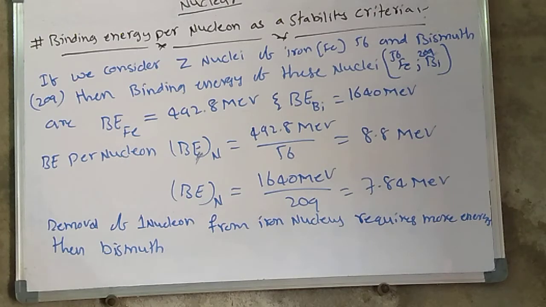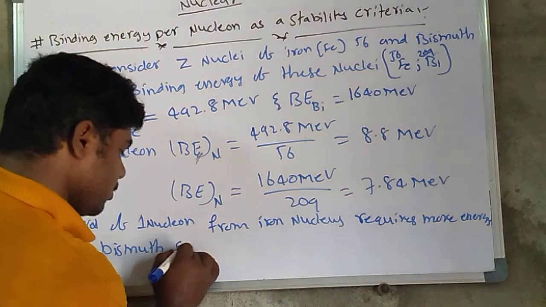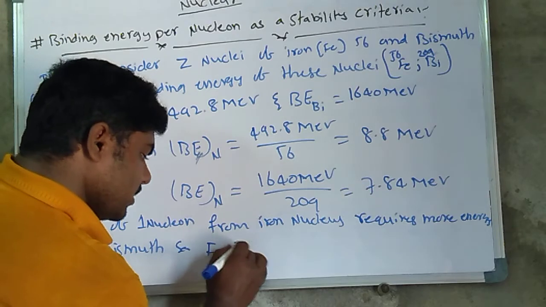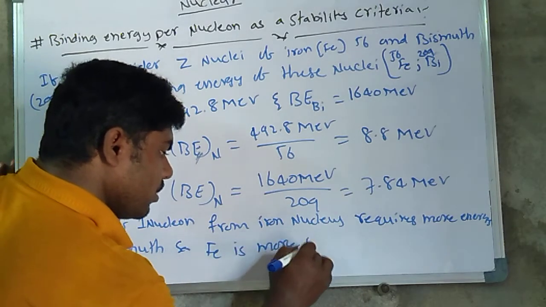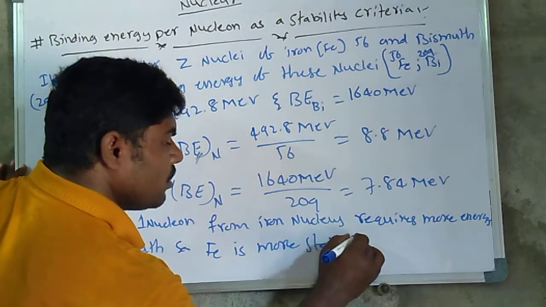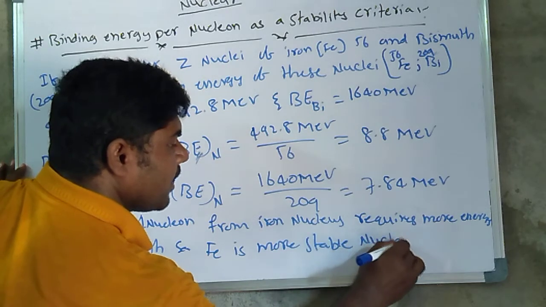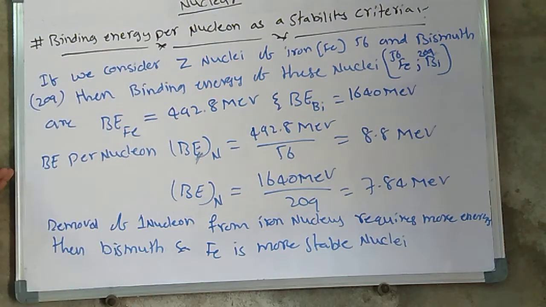That's why more energy is needed than for bismuth. So iron is a more stable nucleus compared to bismuth.